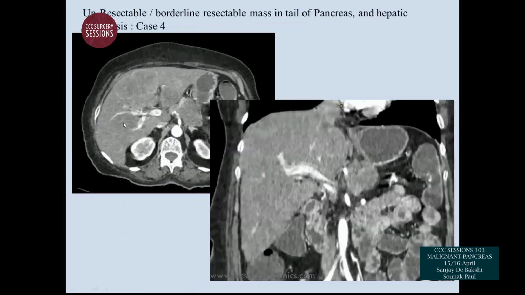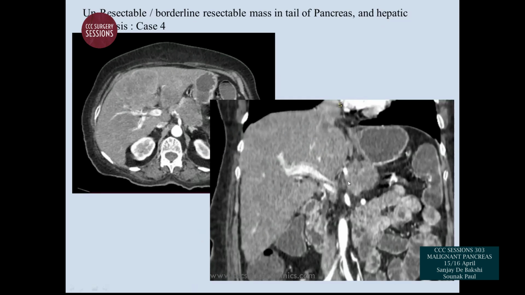So I have taken this case just for demonstration purpose. First disclaimer is there is a hepatic metastasis, which makes this lesion an unresectable tumor. And then we will omit this finding and discuss the borderline resectable categorization of this. The body and tail lesion abuts the celiac artery and the proximal hepatic artery.